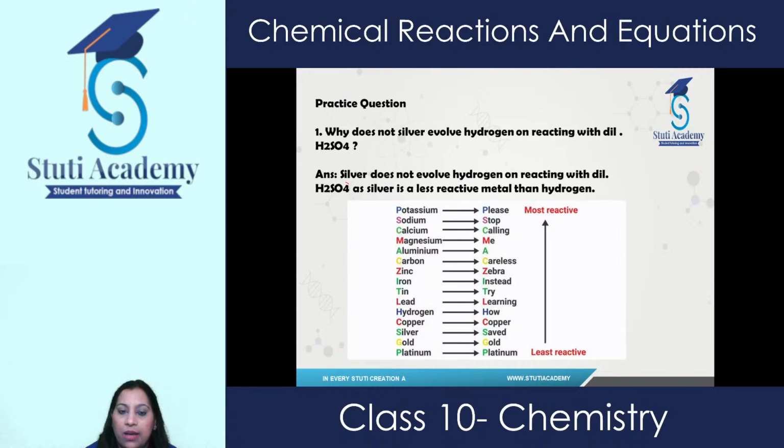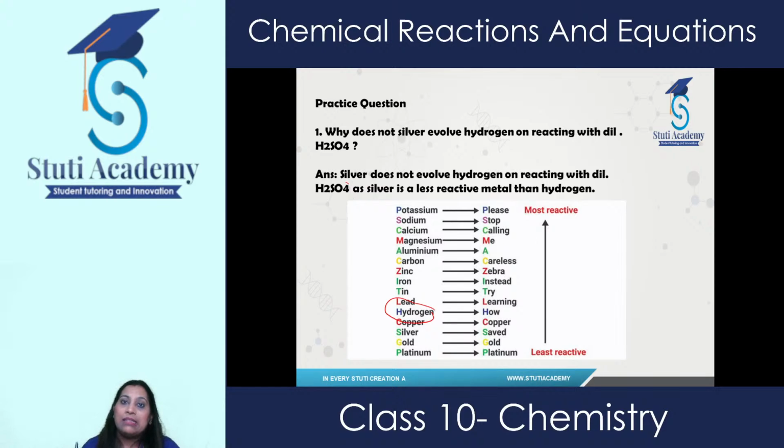As you can see here, hydrogen is placed here. And the metals which are above hydrogen are more reactive than hydrogen. The metals which are placed below hydrogen are less reactive than hydrogen.